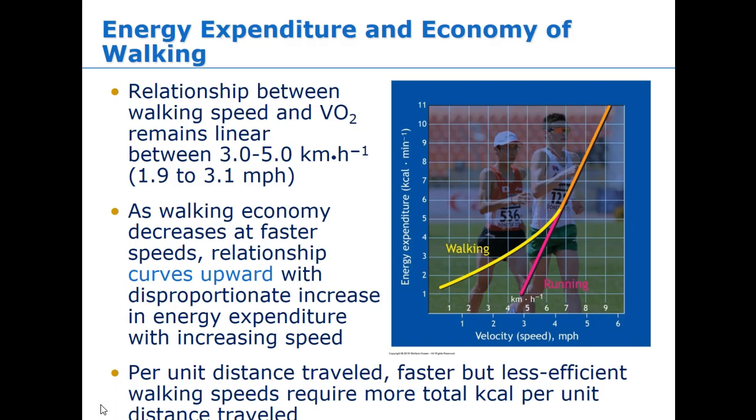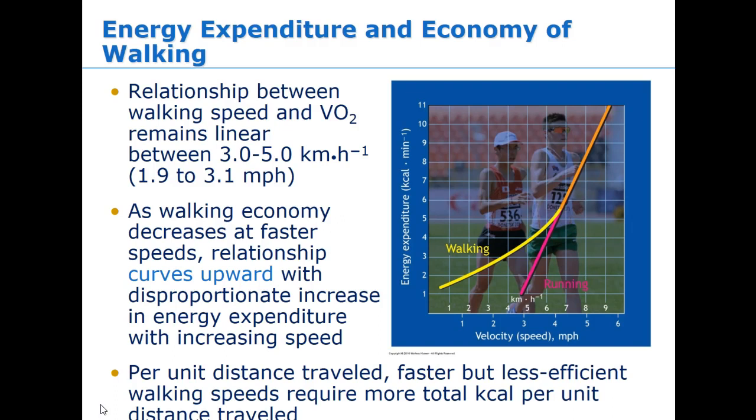So this shows the relationship between walking speed and oxygen uptake remains approximately linear between 3.0 and 5.0 kilometers per hour. As walking economy decreases at faster speeds, the relationship curves upward with a disproportionate increase in energy expenditure with increasing speed.